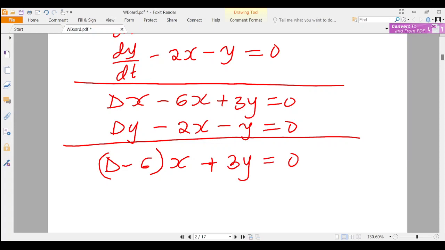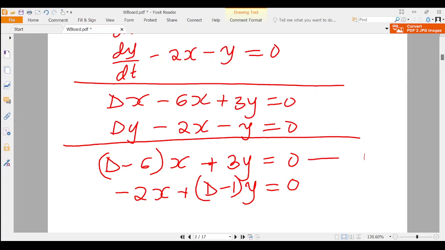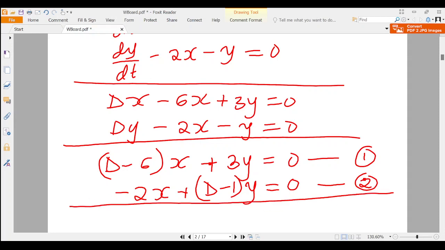Then in the second equation, we start with minus 2x, the middle term here. Then we have Dy minus y, which we can write as plus (D minus 1), put in brackets, then y, and this is equal to 0. I'm going to call this equation 1, and this one equation 2, for easier reference.